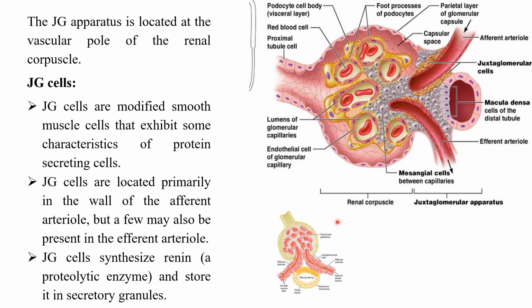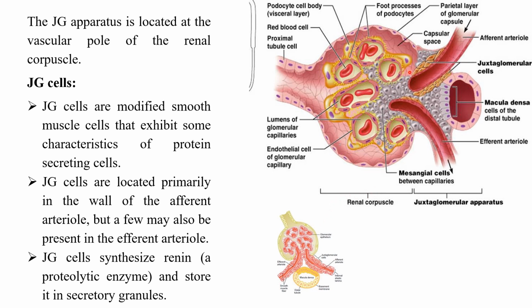What is this JG apparatus or juxtaglomerular apparatus? This juxtaglomerular apparatus is located at the vascular pole of the renal corpuscle. So this part is called the juxtaglomerular apparatus or JG apparatus. The JG cells are modified smooth muscle cells that exhibit some of the characteristics of protein secreting cells.